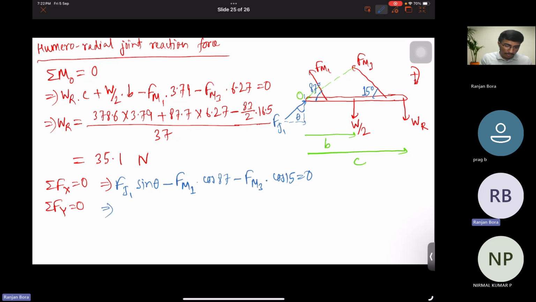So from here we'll get FJ1 sin theta is, what was FM1, 378.6 cos 87 plus FM3 was 87.7 cos 15.